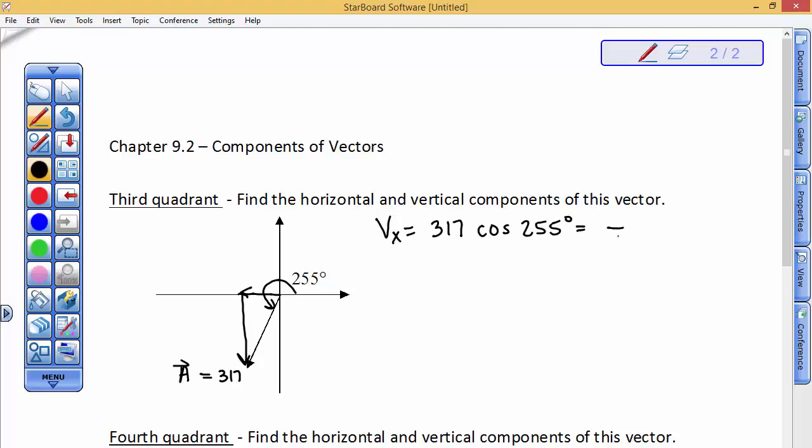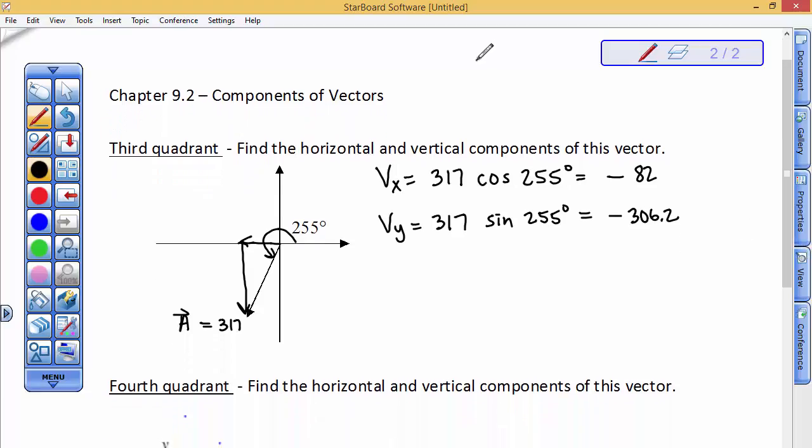And 317 times the sine of 255 degrees will give you a negative number as well. And those two numbers are, for x, a negative 82, and for y, a negative 306.2. And the reason, again, the reason for that is in the third quadrant, the only trig functions that are positive are tangent and cotangent.